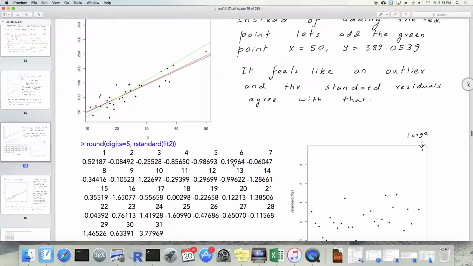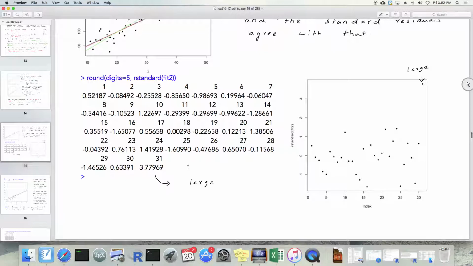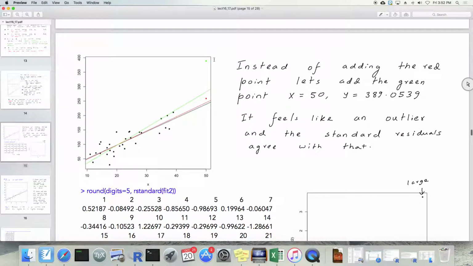And if we check the ris, the command in R is rstandard, we actually see that's happening. It's 3.77969, which is a large value. Usually, if ri is outside of the range minus 3 to 3, that is considered large by itself. So this green point shifts the model too much.